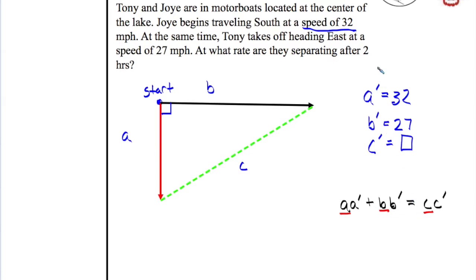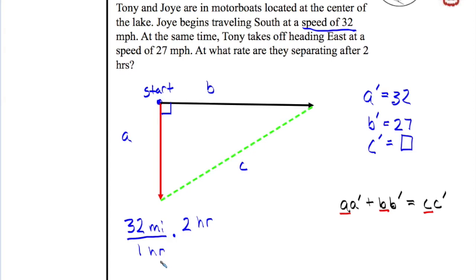Well, let's think about this. 2 hours of traveling 32 miles per hour. This is just a straight-on Algebra 1 problem, or maybe even 7th or 8th grade. So let's do the math over here. If my speed is 32 miles per 1 hour for 2 hours, this is going to be multiplied by 2 hours.